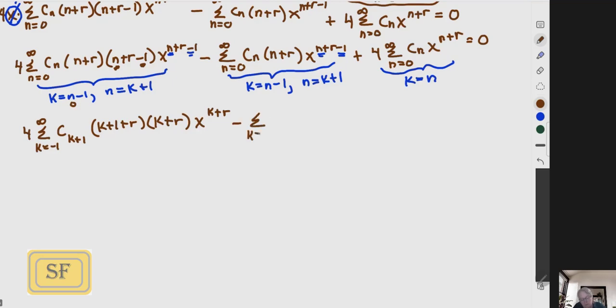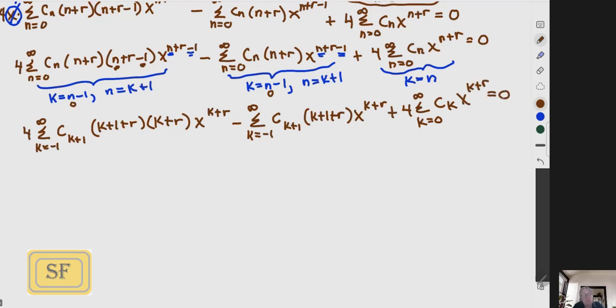K goes from, so n starts at 0. 0 minus 1 is -1 to infinity c sub n, which is k plus 1, times m plus r, that's k plus 1 plus r, x to the k plus r. And then on the last summation, you just replace the n's with k. You have 4 times the sum, k goes from 0 to infinity, c sub k, x to the k plus r equals 0.